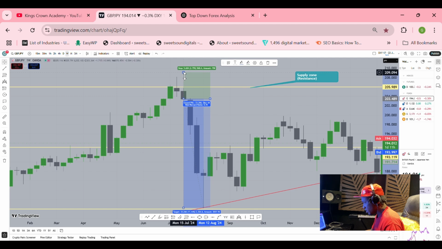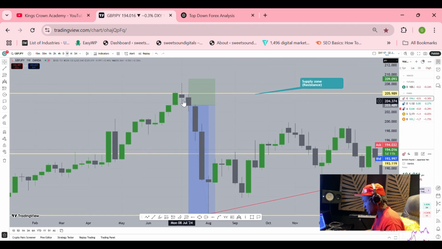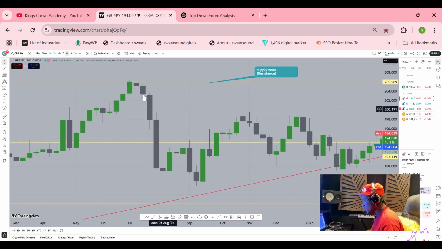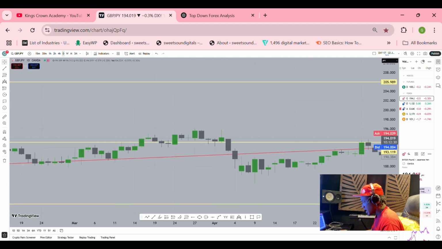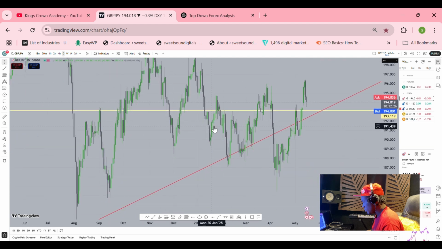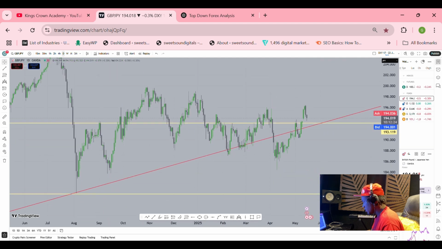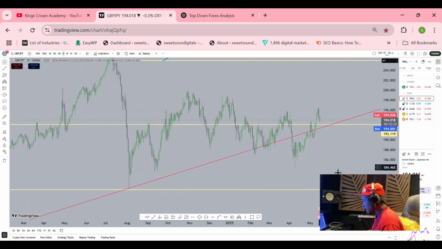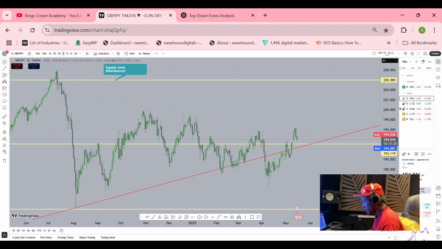You would have gotten a 4-hour easy, very easy, just knowing this top-down analysis alone. Now let's go over to the daily. We can now confirm our bias on the daily. You see how we use this top-down analysis to navigate the chart.